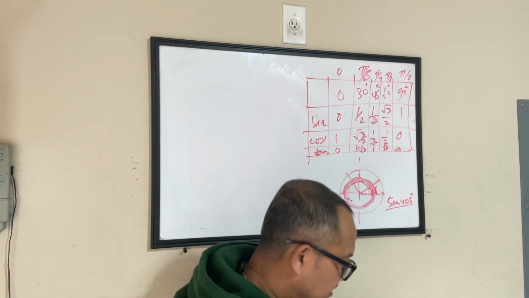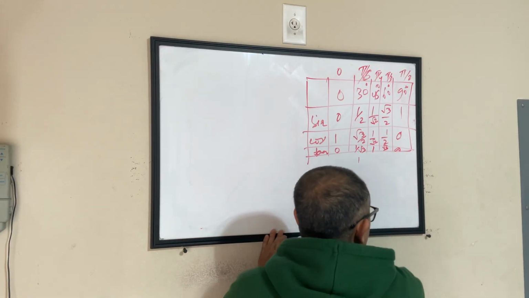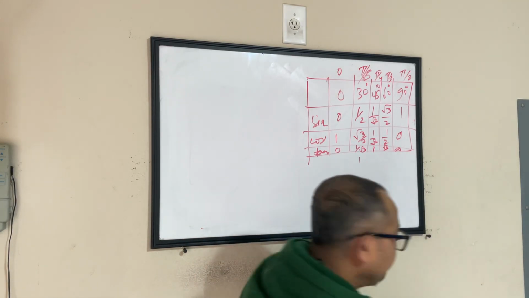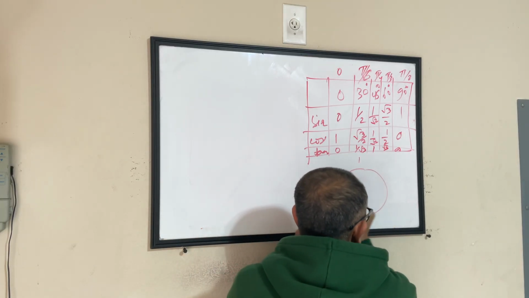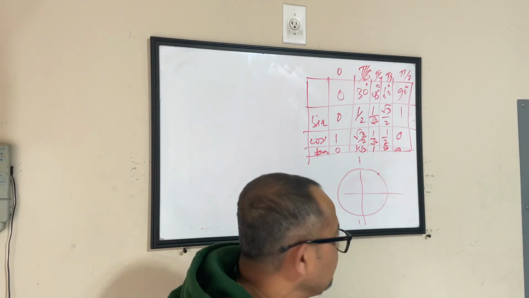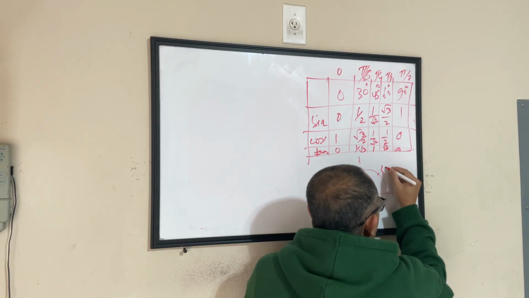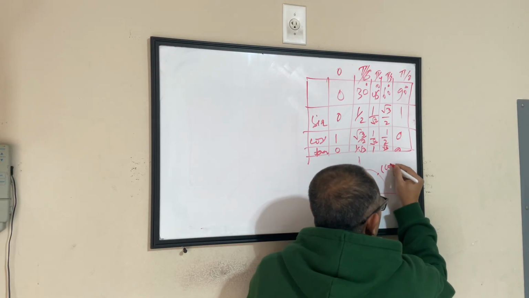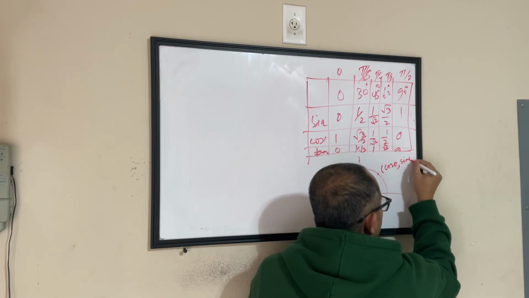Now let's come to this. Another thing that we learn about the unit circle is that for any point on the periphery or perimeter of the unit circle, the x coordinate is cos of theta and the y coordinate is sine of theta.